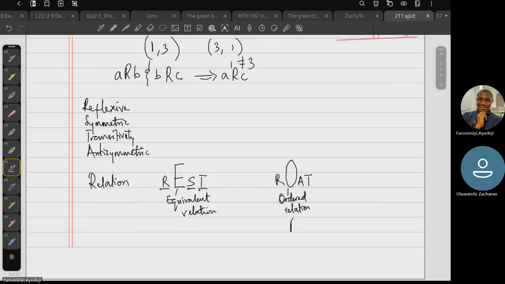We said A is related to B in R5 if and only if A is less than B. That is exactly what we call ordering. We are ordering it, and we are looking at what is bigger than what. That is ordering. So this is an order relation.